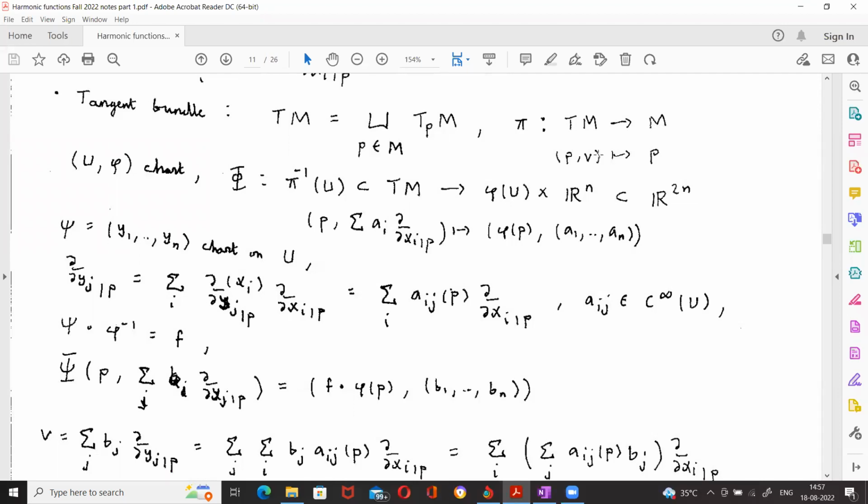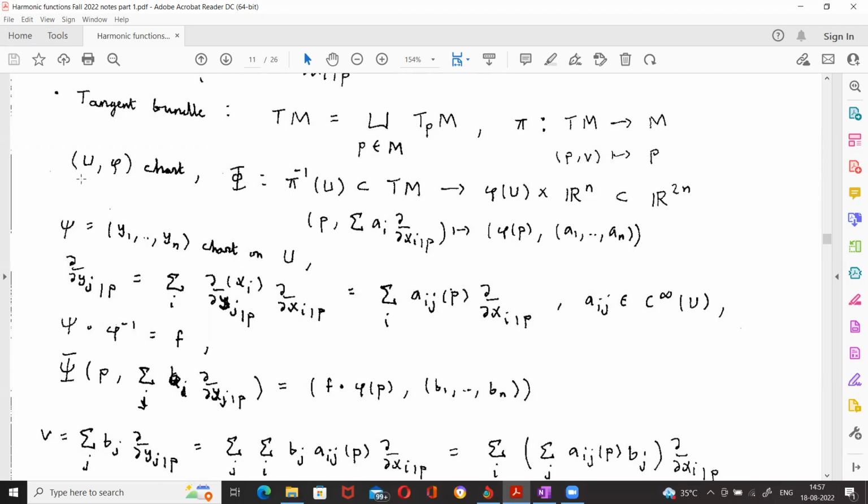I write elements of the tangent bundle as pairs, a base point P together with a vector V, which is in the tangent space TPM. So we have this projection, P comma V maps to P, right? You map each tangent vector to its base point.